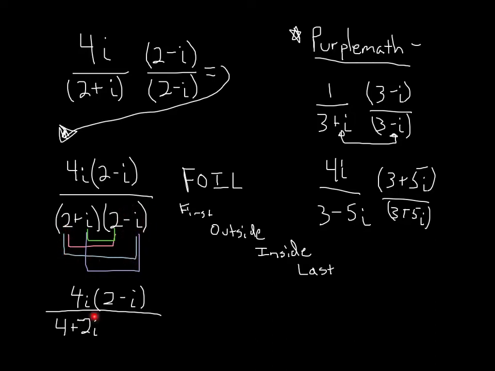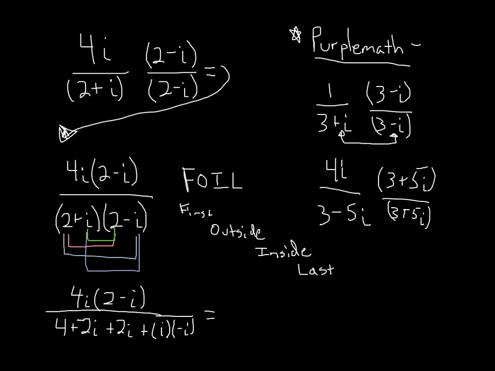So that's, again, a negative 2i. And then we have the inside numbers, i times 2. So that's going to be plus a 2i. And then we have the last numbers, which is going to be i times negative i. So let's do plus an i times a negative i.